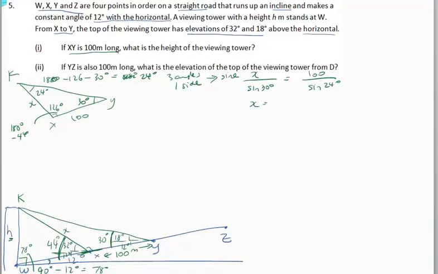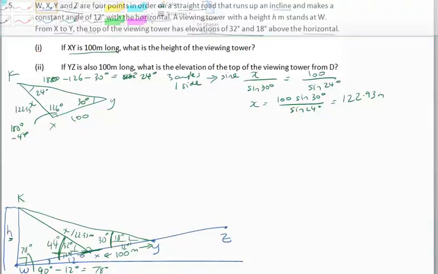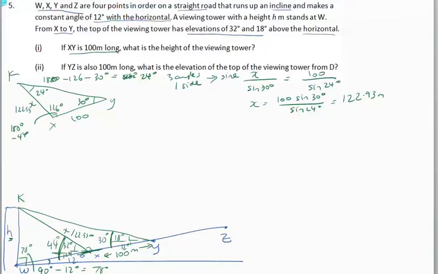Rearranging, we get X is equal to 100 sine 30 degrees divided by sine 24 degrees, and our length X will be 122.93 meters. So here 122.93 meters.